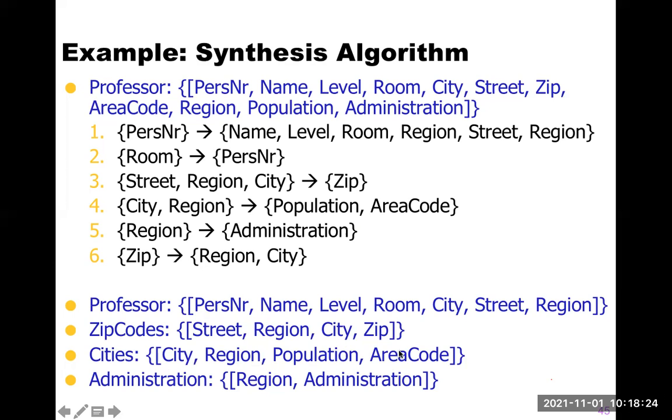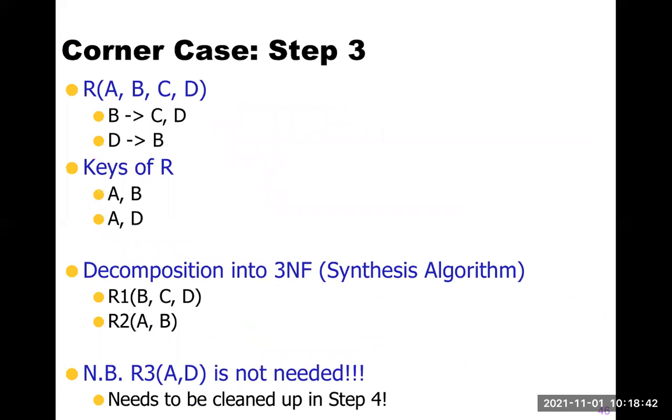All the non-key attributes depend on the whole key, and there are no transitive dependencies between non-key attributes. Great. Administration, single key here. Administration, a non-key attribute, depends only on region. Great. So that's it.